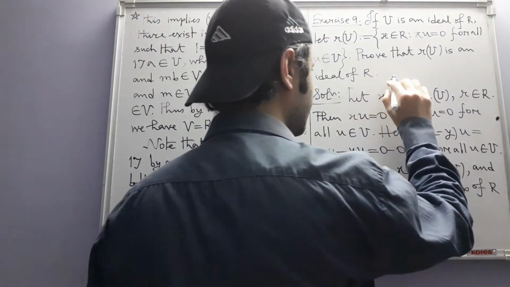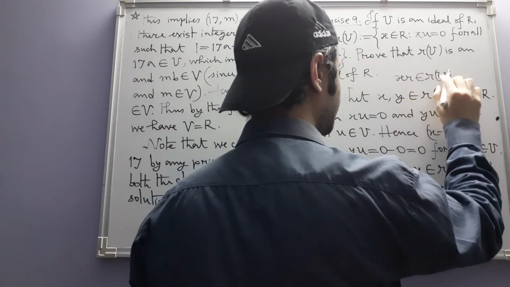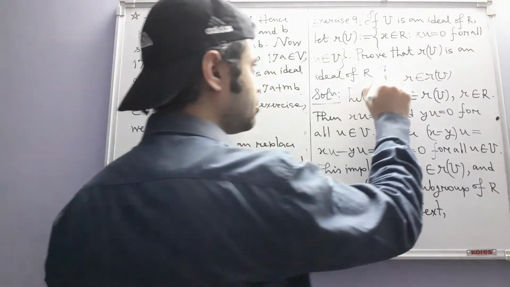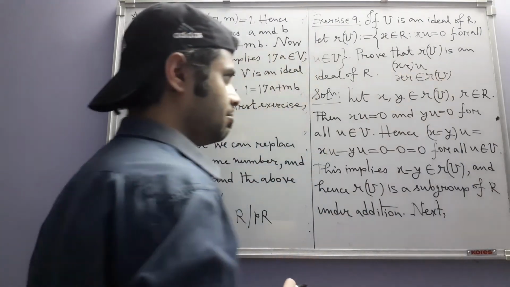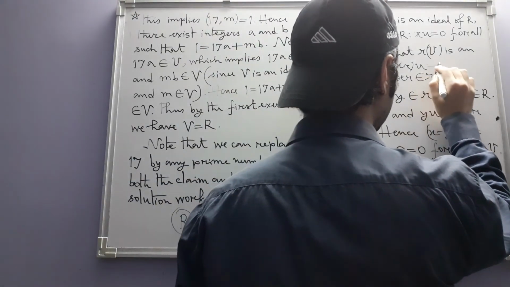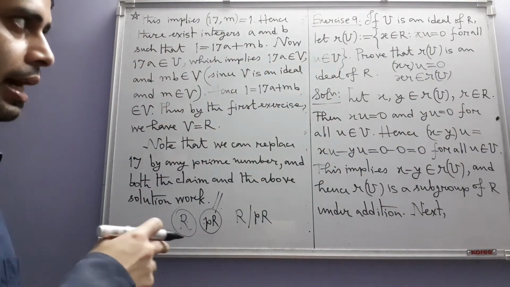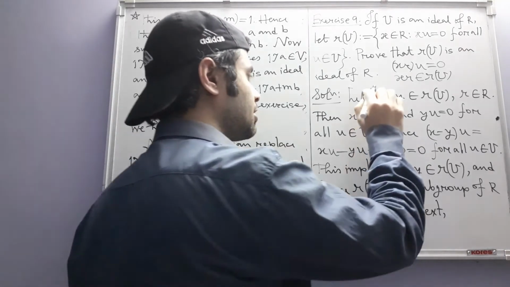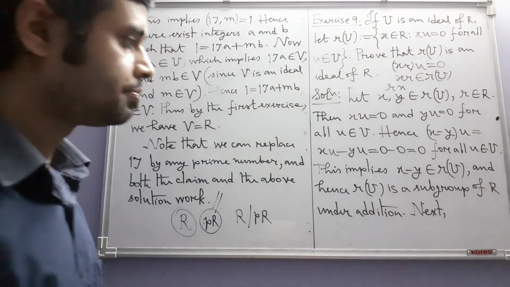To prove that XR belongs to RU, what do we have to show? We have to show that if we multiply XR from the right side by any element U of U, then we get 0. This is what we have to prove. But let us prove the other thing first. Let us first show that RX belongs to RU.